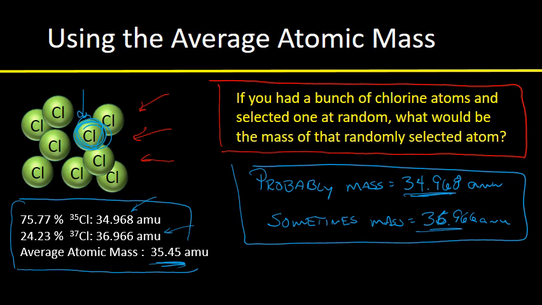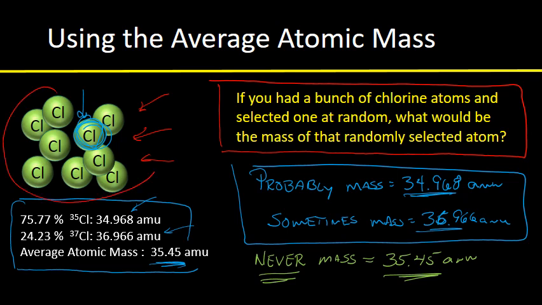And this is the important part, which a lot of people get wrong on questions like this. We would never pull out an atom with a mass of 35.45 AMU, because none of these atoms have that mass.